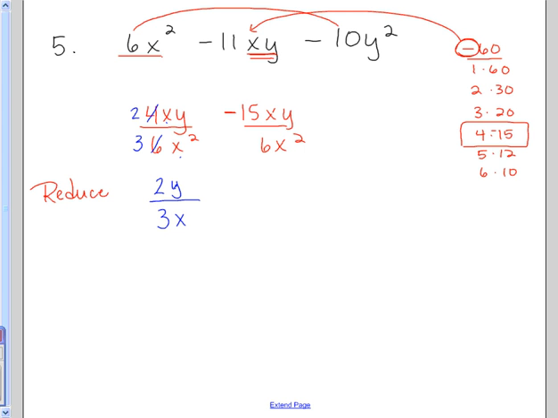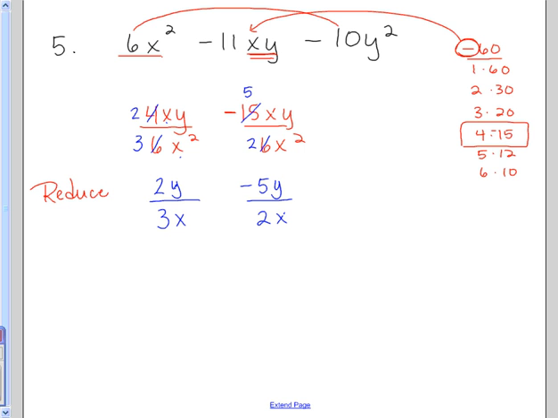We haven't divided that out. Okay, reduce. 3 will go into 15 5 times, 3 will go into 6 2 times. So I have negative 5 over 2, x over x squared leaves me with an x in the denominator, and the y is still left in the numerator.